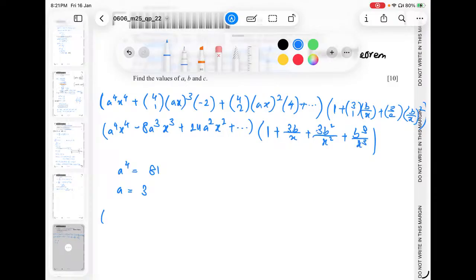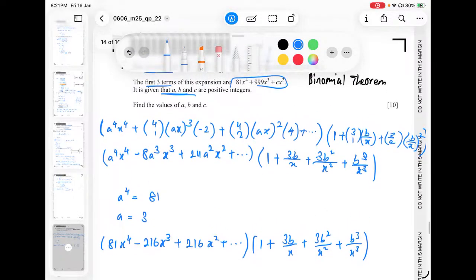So now what you will get when you do that is 81 x power 4 minus 8 times 3 cubed, which is 27, minus 216 x cubed plus 24 times 3 squared, that should give you 216 x squared plus dot dot dot, and then this should be the same as it is, 3b over x plus 3b squared over x squared plus b cubed over x cubed.